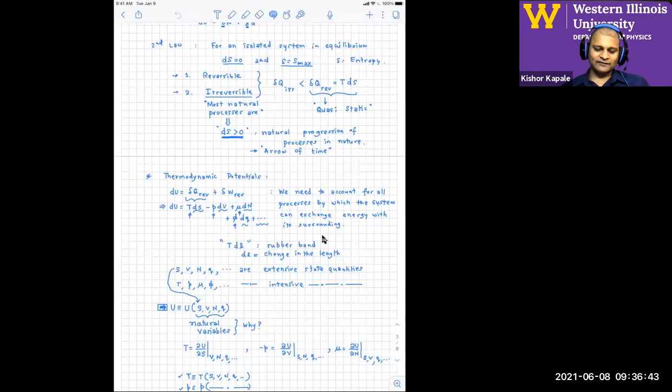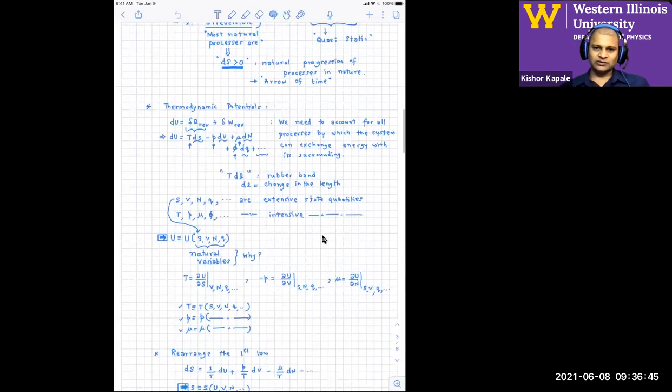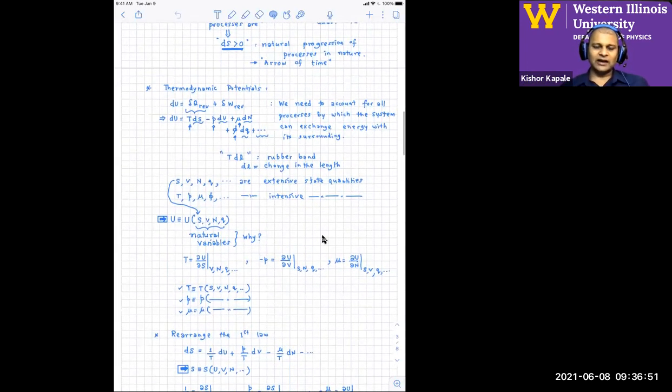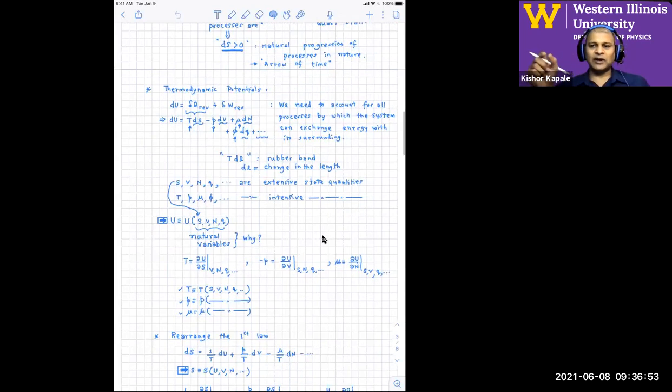That's what phi dq corresponds to. It's only the electric potential energy part, but you can write a corresponding magnetic potential energy part, and that way you can always keep adding terms into the first law depending on how many situations you need to deal with. So this is something you need to wrap your mind around.